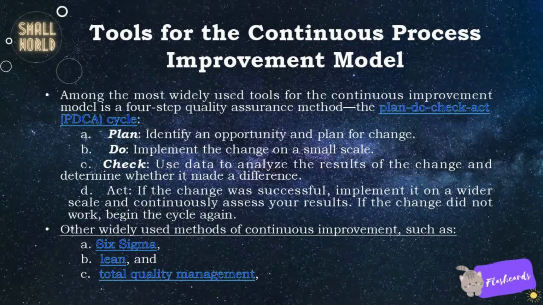C. Check. Use data to analyze the results of the change and determine whether it made a difference. D. Act. If the change was successful, implement it on a wider scale and continuously assess your results. If the change did not work, begin the cycle again.